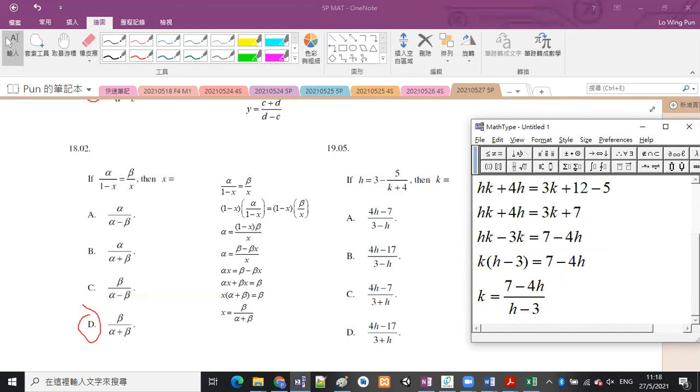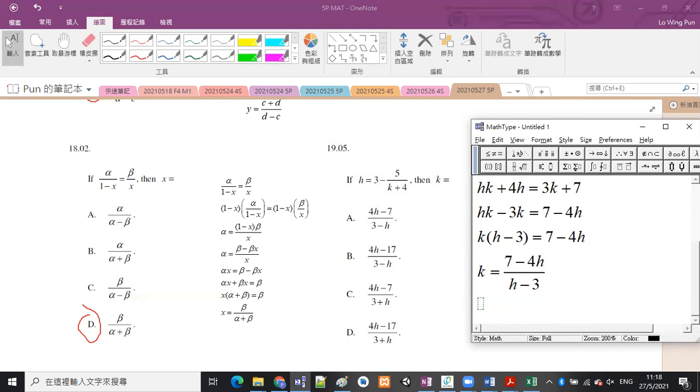That is to take out a negative sign from both the numerator and the denominator. Let's do it together here. So I take out a negative sign from the top. Originally, it is 7 minus 4h. When I have taken out a negative, the subtraction is swapped. It becomes 4h minus 7.